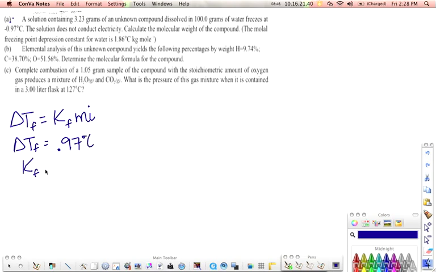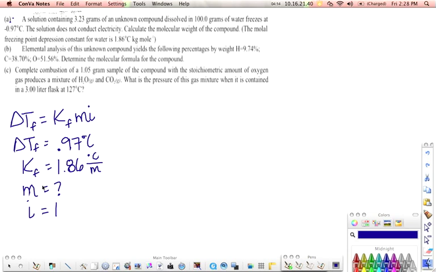They told us that our freezing point constant is 1.86 degrees Celsius per molal. And then we need to find out what our molality is. And we know that we have a non-electrolyte. It says right here it does not conduct electricity, so i is equal to 1, which means we don't have to deal with it.